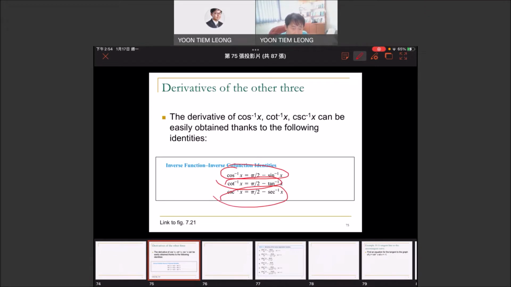So, for example, if you take the derivative of the arccosecant, it would give you a negative sign when you take the derivative of arcsecant. So, knowing the derivative of arcsecant automatically gives you the derivative of arccosecant, and so it is for the other two relationships.